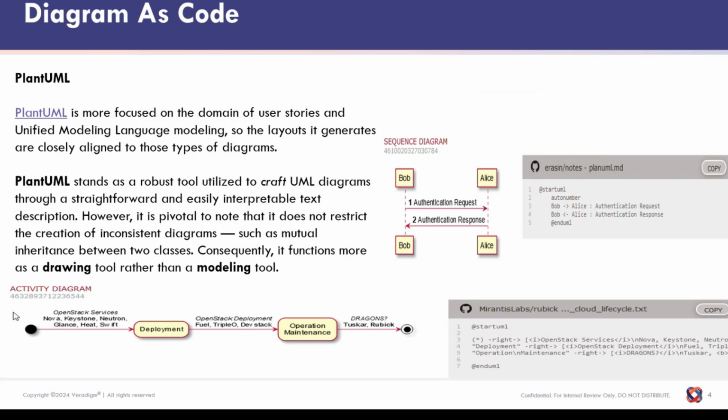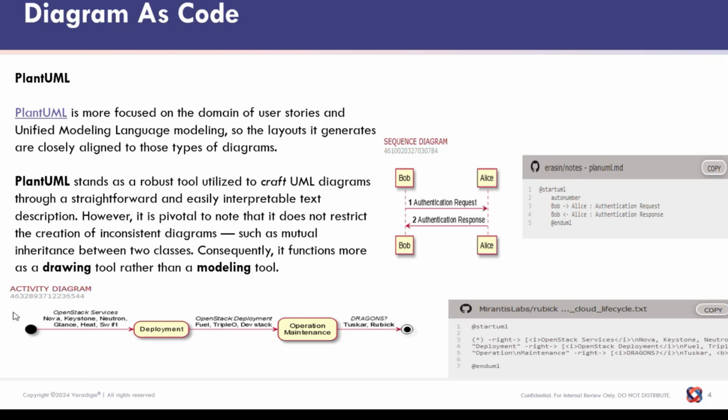PlantUML and the next one we're going to talk about, Mermaid, are definitely more geared at what I would call today's types of diagrams, but GraphViz is more relational, if anything. The nice thing about PlantUML is that the other two are generally more modeling based, whereas this is more drawing based.